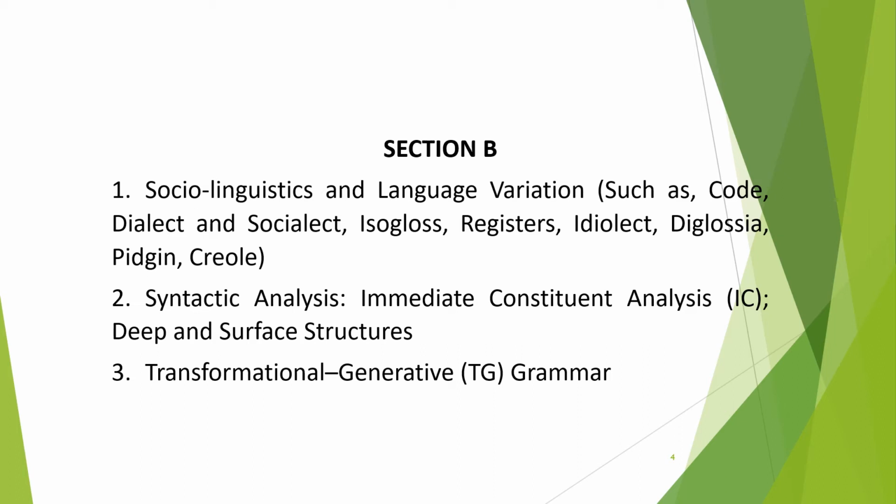Then you have idiolect. Idiolect is the language or speech of one individual at a particular period in life. This is important. Okay, I repeat, the language or speech of one individual at a particular period in life is referred to as idiolect. Idio is individual, like idiosyncrasy and all. You know the word.